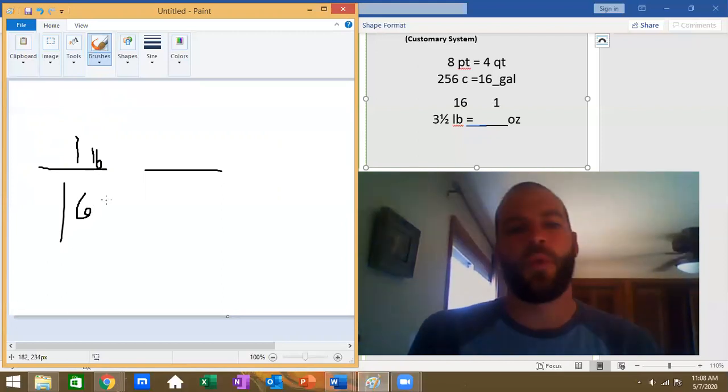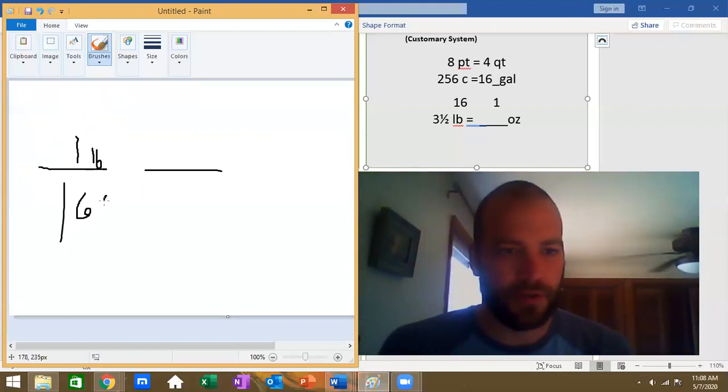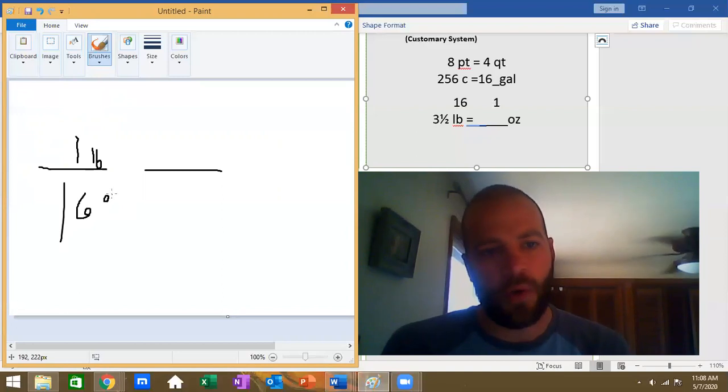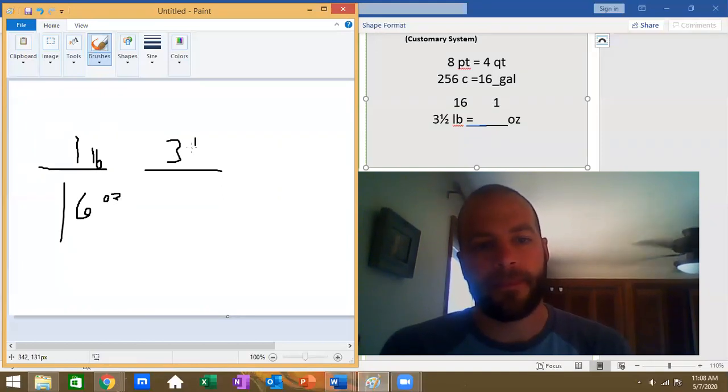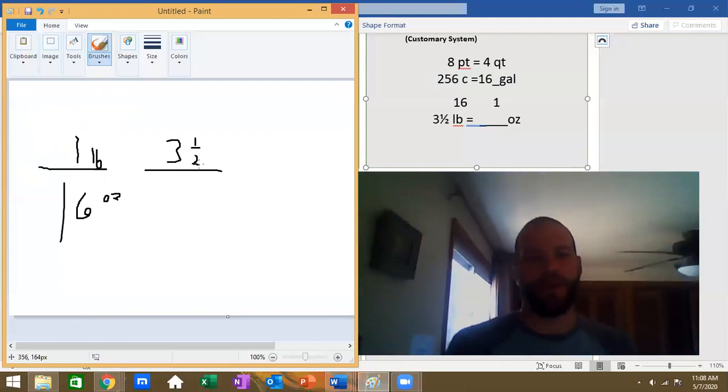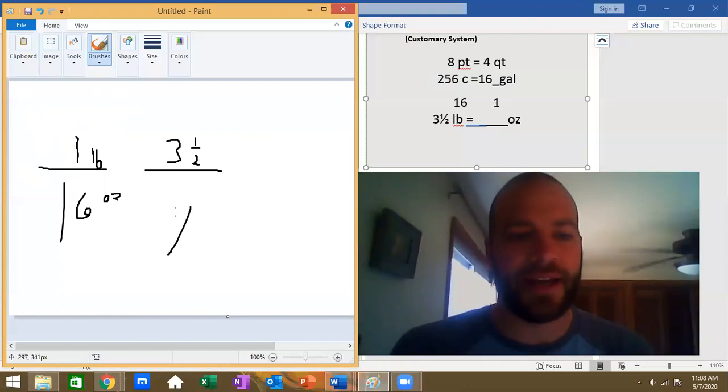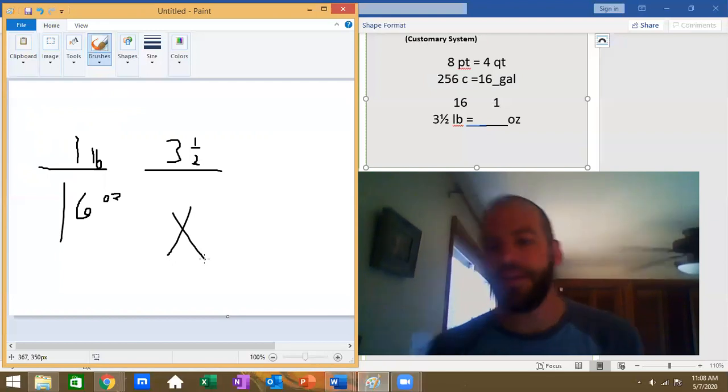Okay? 1 pound is equal to 16 ounces. Well, what do we know? We know we have 3.5 pounds. We have to find this missing piece right here.